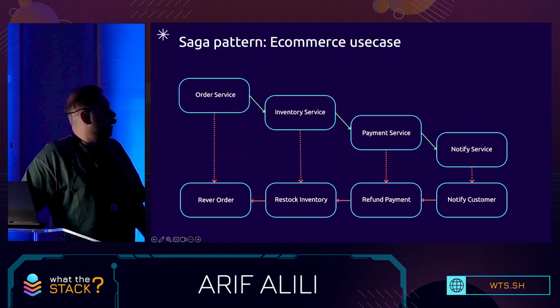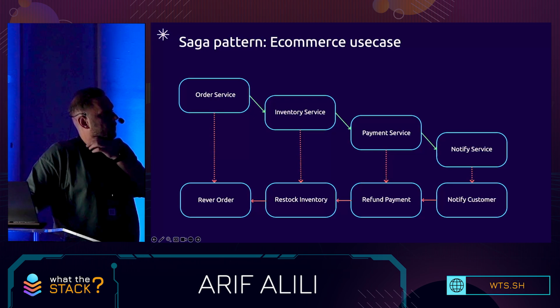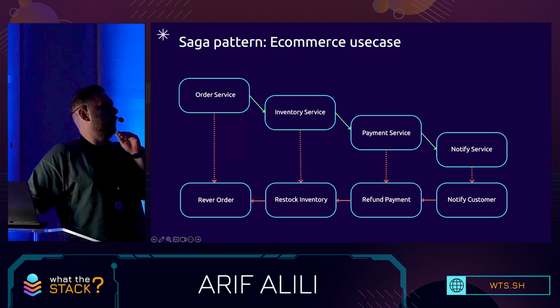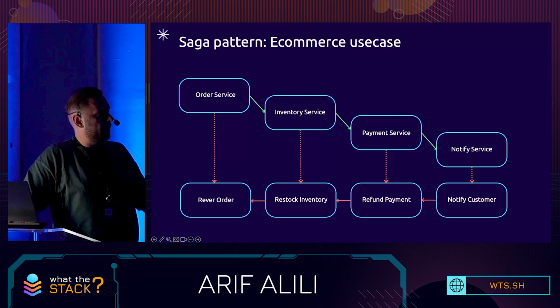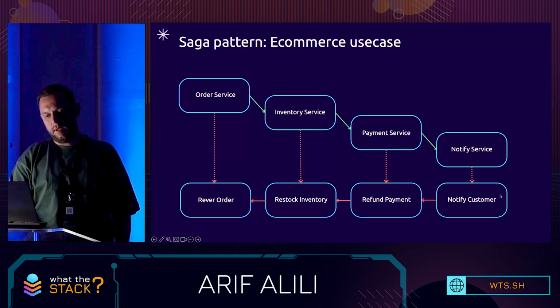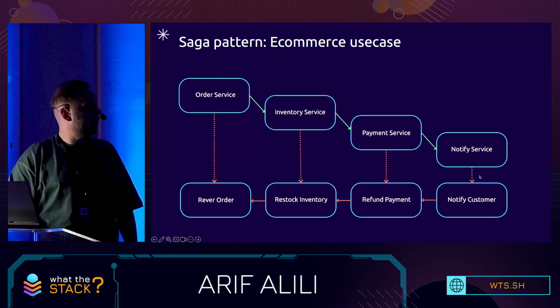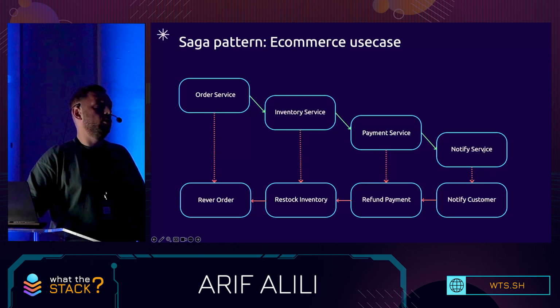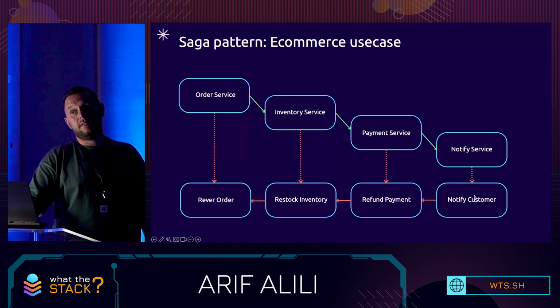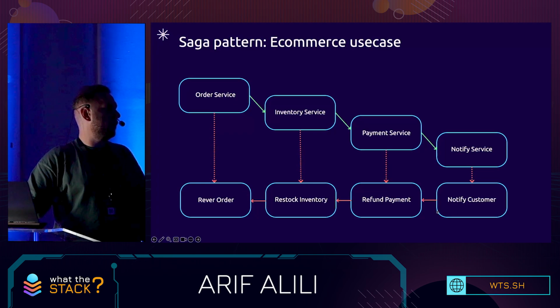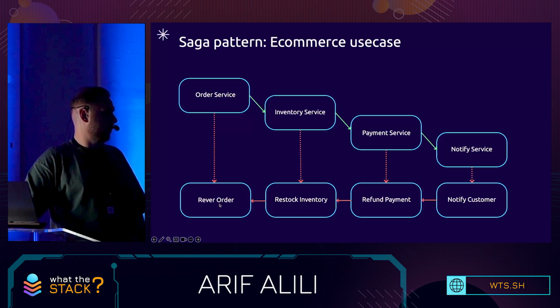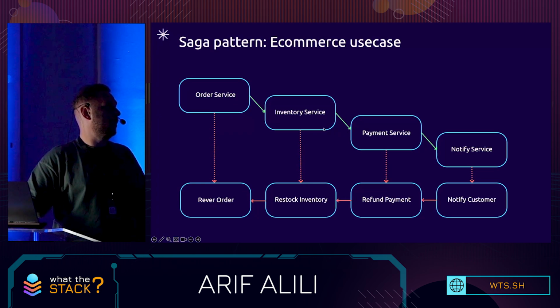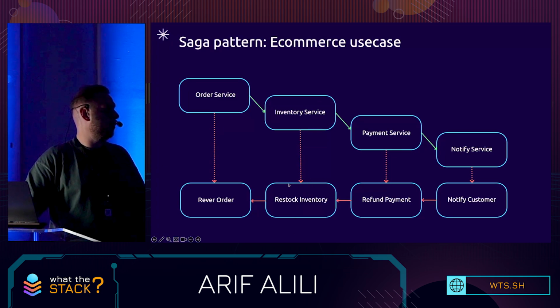In this case, we have order service, inventory service, payment service, and notify service. And if you can see, if something bad happens, which is this red dot here, in notify service, for example, notify customer that something bad has happened, and then refund the payment, restock the inventory, and revert the order. If something bad happens in inventory service, we need to call restock inventory, and then restock inventory will call revert order.